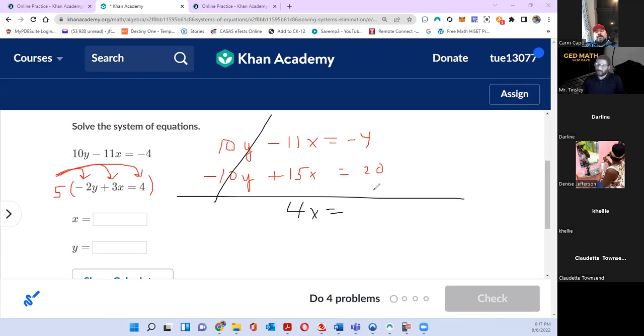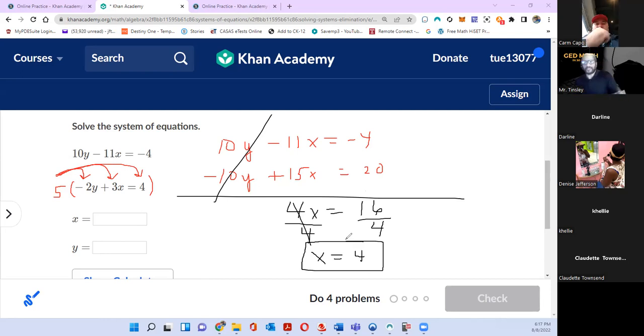And what's 20 minus 4? 16. In order to get x by itself, we need to do what? Divide by 4. Divide both sides by 4, we get x is equal to 4.